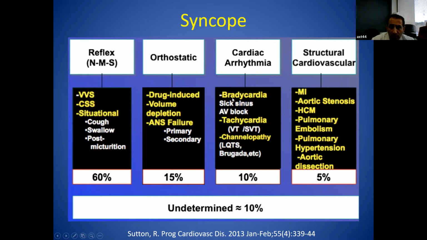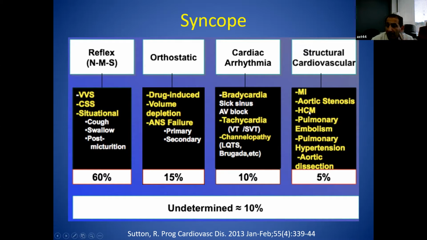Cardiac arrhythmias, so bradycardia, whether sick sinus or AV block, or a tachy-mediated syncopal episode, a fast VT or SVT, or some other channelopathy, those all fall under cardiac arrhythmias, and they make up about 10%. And in terms of structural cardiovascular issues, a prior myocardial infarct leaving you with a significant scar or pump failure, severe aortic stenosis can cause syncope.